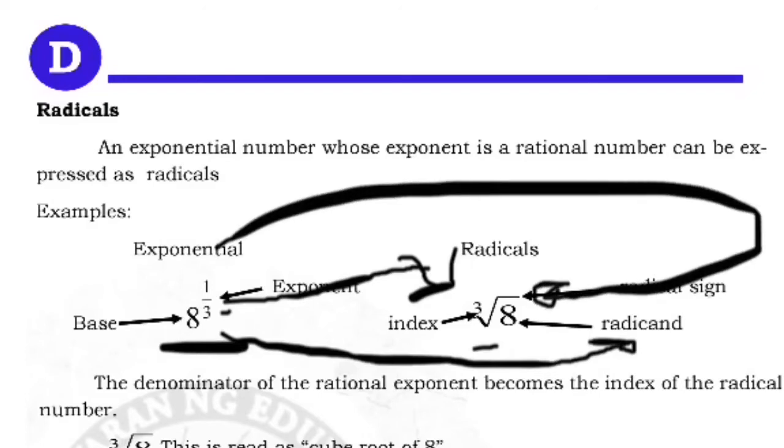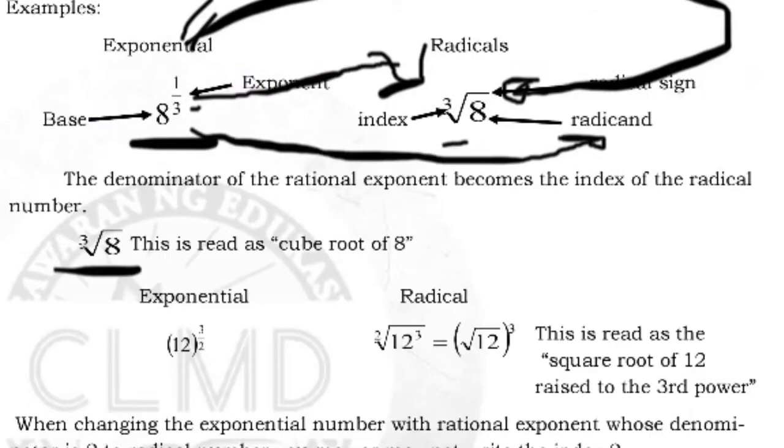In here, 8 to the power of 1. Okay, it's 1. So in the example above, 8 to the power of 1/3 is the same as cube root of 8.